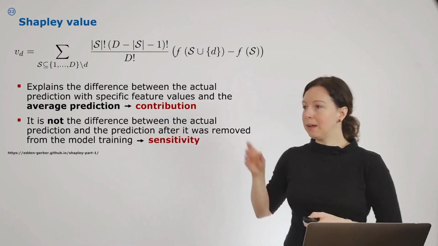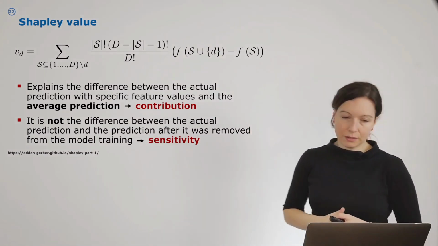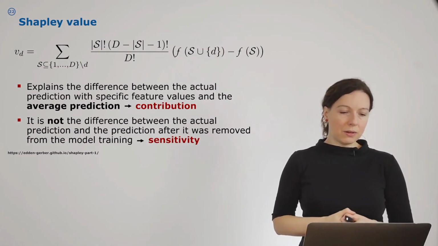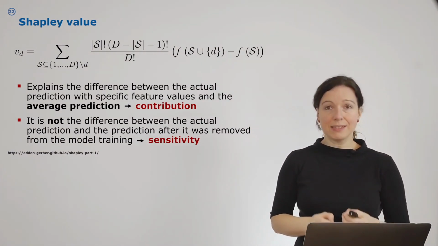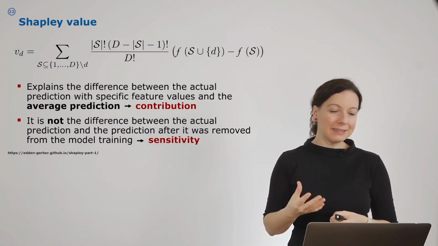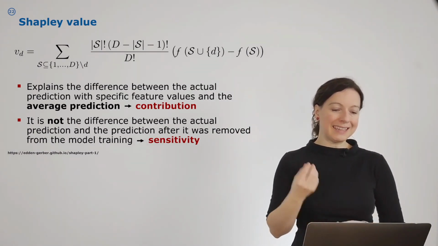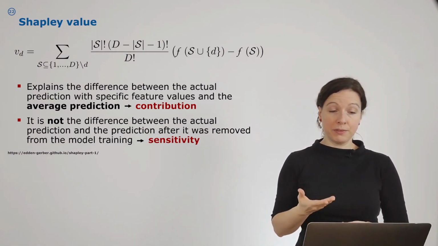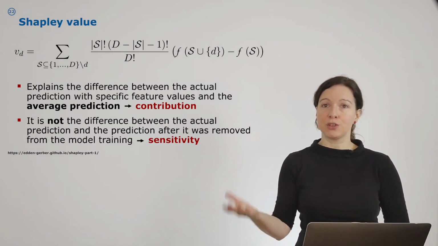Okay, so let's come back to our equation for the Shapley values. And first of all, I want to emphasize again what we compute and what we do not compute. What the Shapley values do is they explain the difference between the actual prediction with specific feature values and the average prediction.